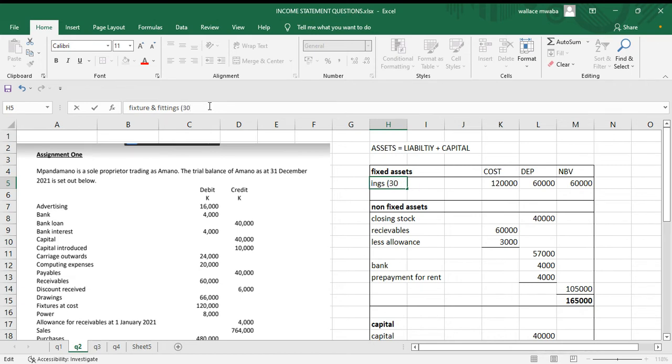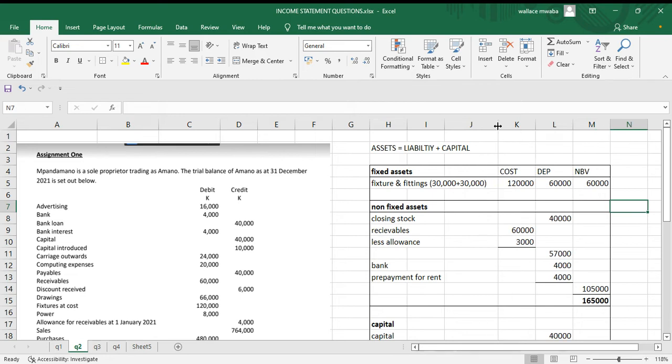So we say 30,000 plus 30,000. That's how we got our 60,000. So that goes for accumulated depreciation.